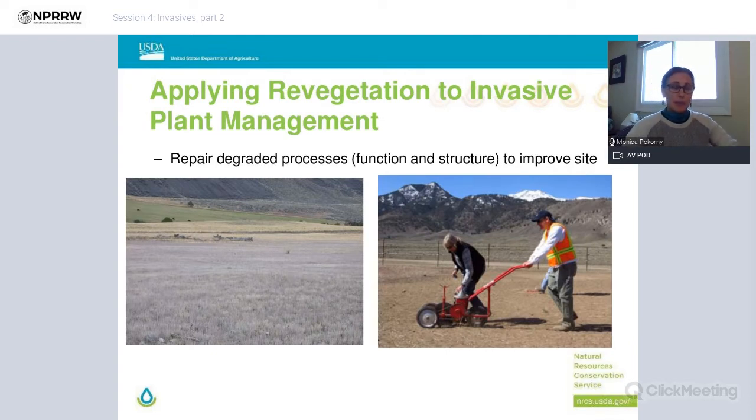And this is an example of a project where before we could manage the weeds and revegetate the site, we really had to repair degraded processes of the function and the structure. So this is a site outside of Yellowstone National Park that had been an agricultural field for probably 40 years. So it was compacted.